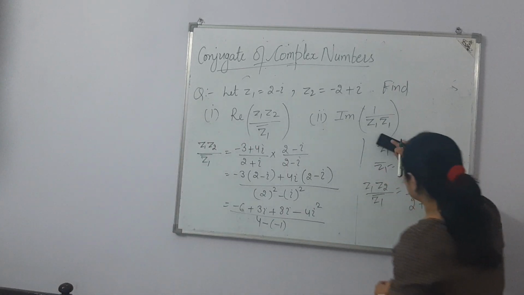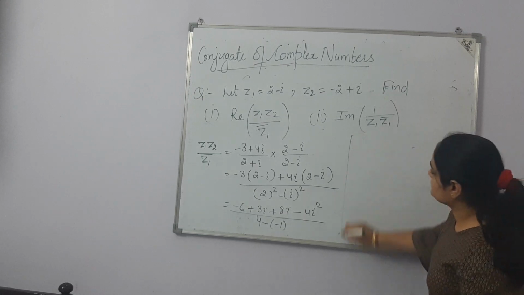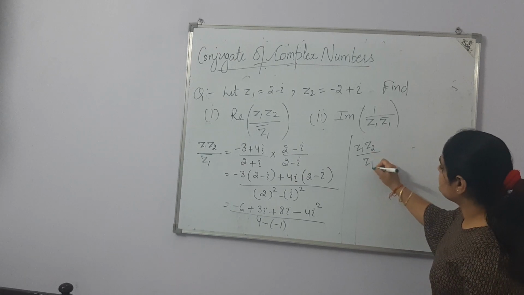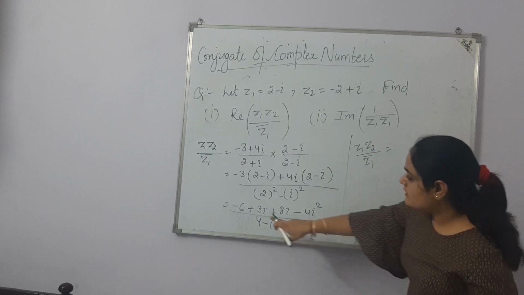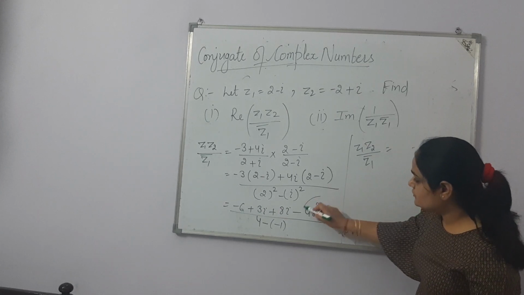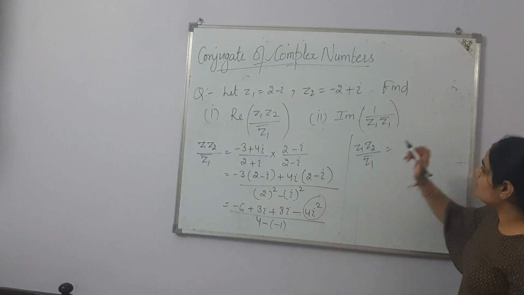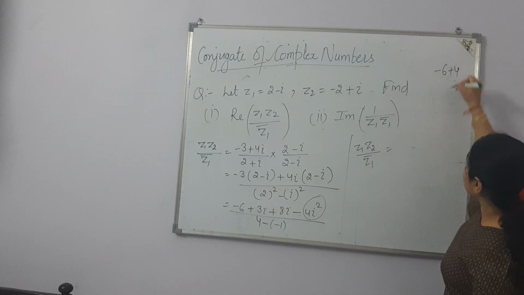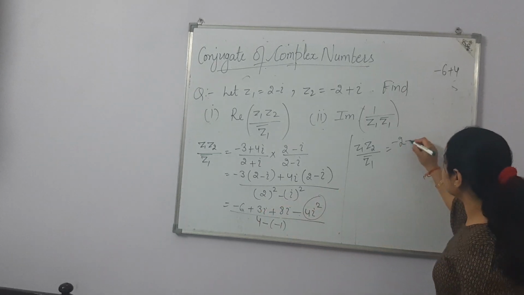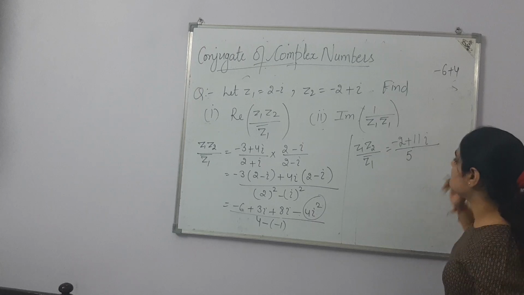So we have z1 z2 upon z1's conjugate is, iota square is negative, so it becomes plus 4, minus 6 plus 4, it is minus 2. 8 plus 3, it is 11 iota, whole upon 5.